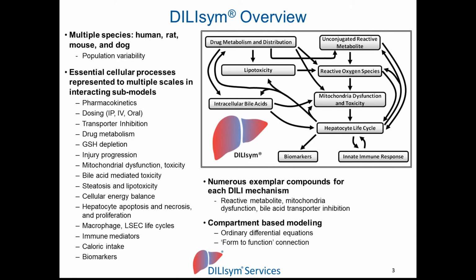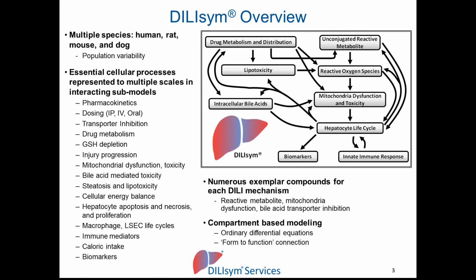These qualitative connections are made quantitative by using exemplar compounds, and we have a number of examples of these exemplar compounds in each of the key mechanistic areas: reactive metabolite, mitochondrial dysfunction, bile acid transport or inhibition, as well as exemplars that incorporate multiple mechanisms in their hepatotoxicity components. DILIsym is really best described as compartment-based modeling.